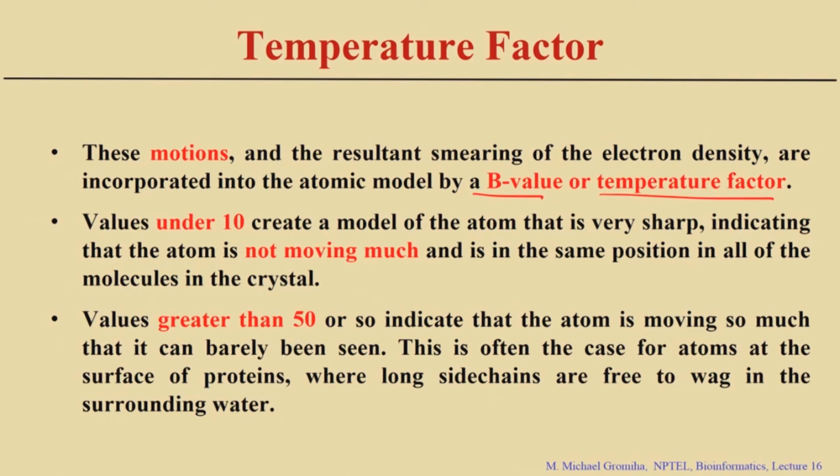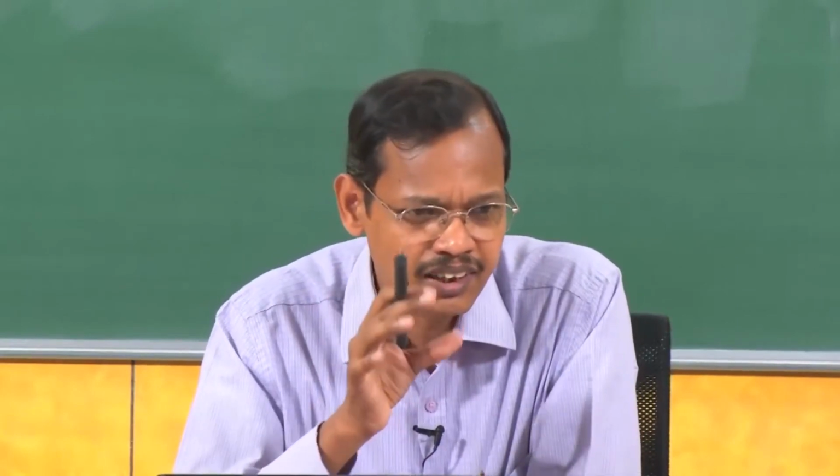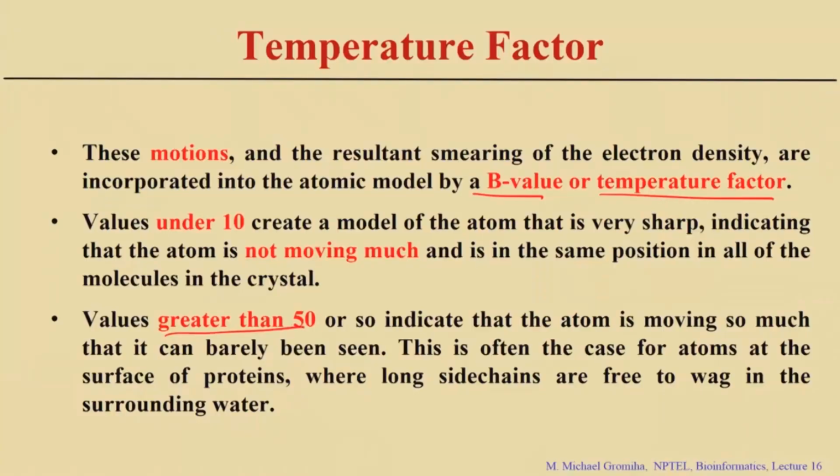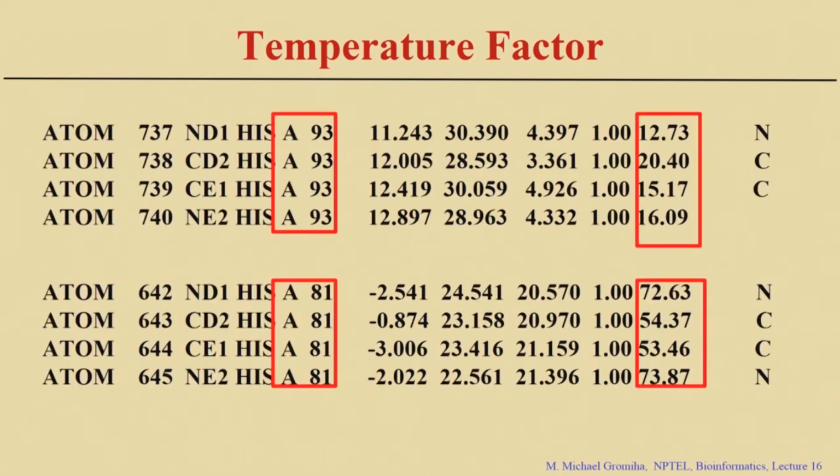Essentially, if the number is less than 10 or less than 20, then we can say that the vibration is less, the atoms are rigid, and they have a particular position in the structure. If it is more than 50, then the atom is moving here and there and the fluctuations are more. In this case the temperature factor, or B factor, is high. So, this is one example.